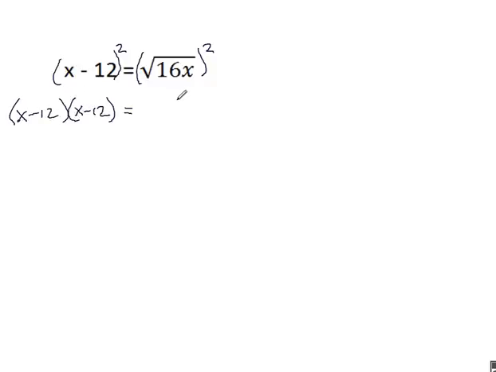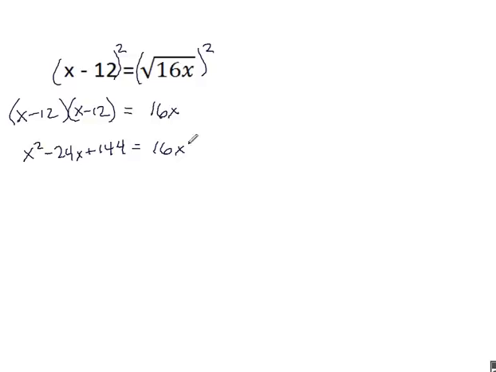All right, and over here, this square root has this whole thing in it, so the square root and square cancel out, and I get 16x. On this side, when I FOIL those together, I get x squared minus 24x plus 144. All right, what would my next step be? Correct.